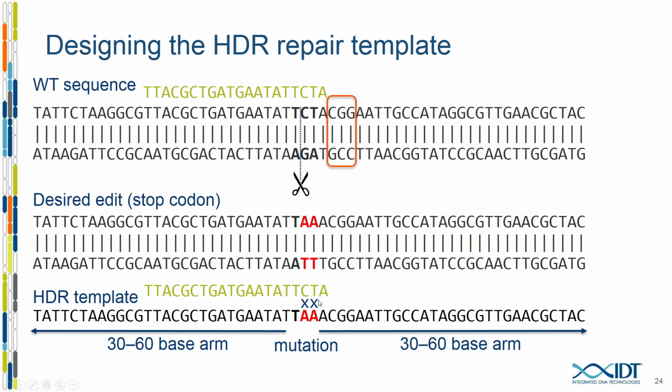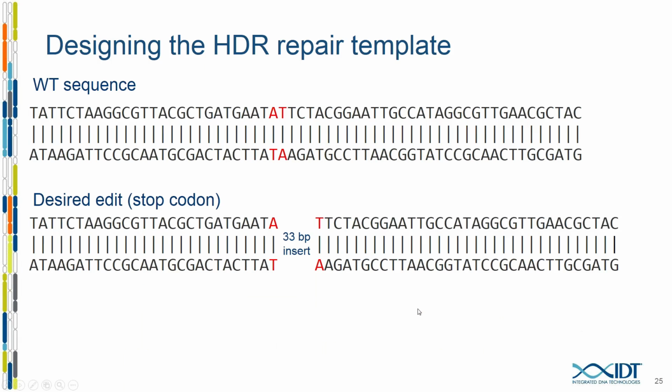So that should be quite disruptive, but it's not a guarantee that this won't be cut again, even with these mismatches here. So if you're concerned about that, you can always introduce other silent mutations either within the protospacer region itself or even within the PAM sequence. So that's something to consider, how your final HDR template will affect recutting events.